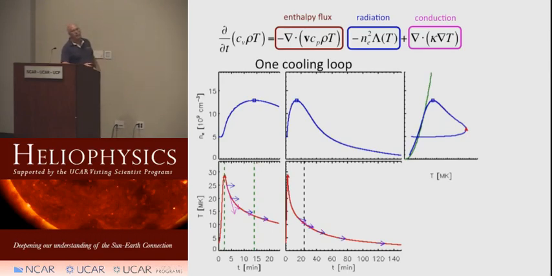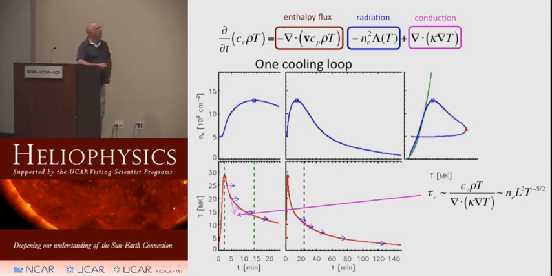And then there's that thermal conduction, which has played such a big role. Gradient of kappa times grad T. So all three of these things are contributing to the energy. One of the things we can do is just take a ratio of this energy divided by the loss rate, and if I just use the conductive cooling loss rate, I get what's known as the conductive cooling time.